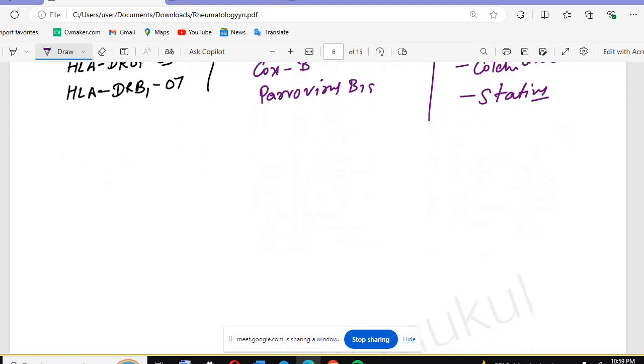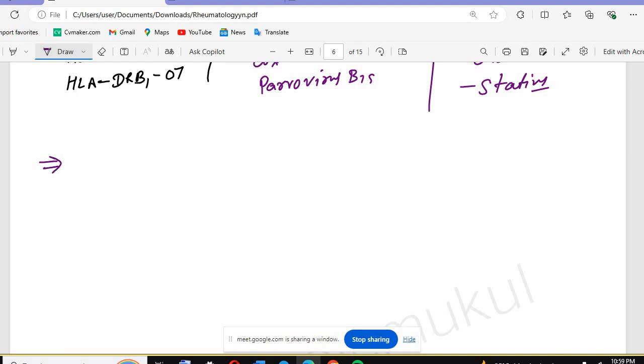If you see here, there will be bilateral symmetrical involvement. In dermatomyositis, it is bilateral, meaning it will be on both sides, and it will have a symmetrical appearance. Along with that, it is a purely motor condition. It means only muscle involvement would be there.